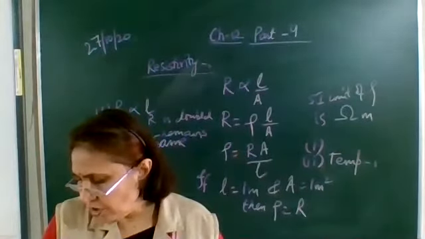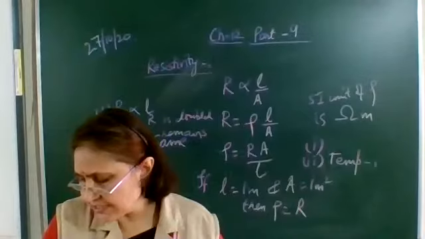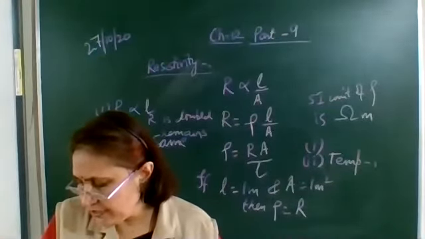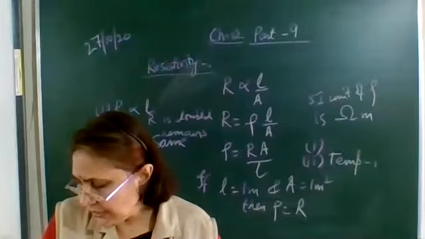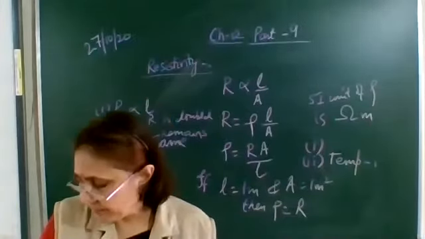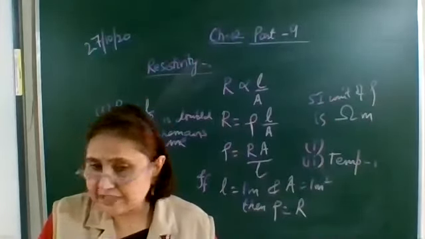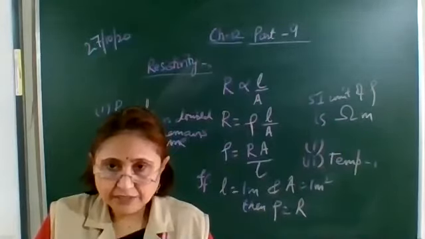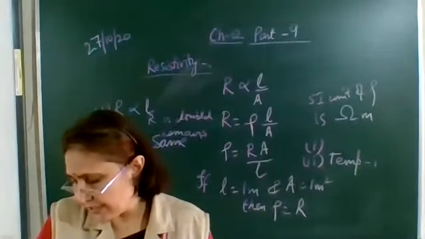Tungsten is used almost extensively for the filaments of electric bulbs, whereas copper and aluminum are generally used for electrical transmission lines. Here, in the bulb, you can see there is a filament. That filament is made up of tungsten.